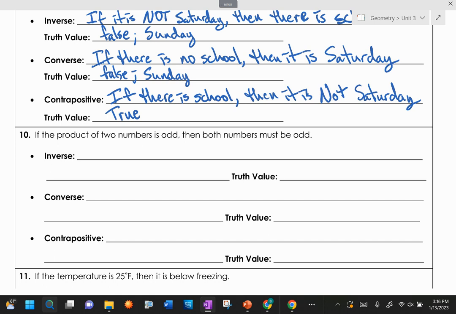Then both numbers must be not common. So this one says if the product of two numbers is odd, then... or would it say the product of two numbers is even? Because on this one we made both. Now, if you said is even, that's technically all right.